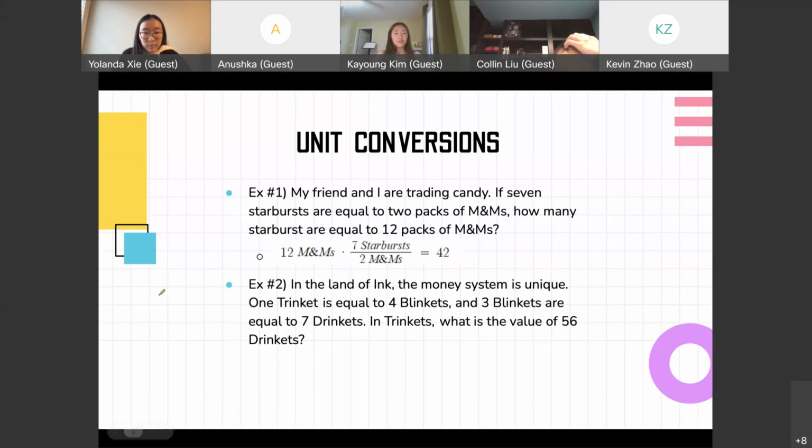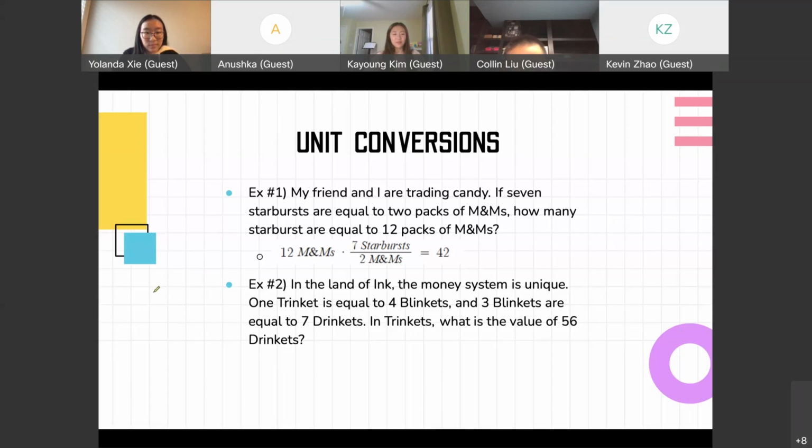This might seem really overwhelming, but in order to do this, we're first just going to turn this into different ratios that we can use. The second sentence, the first part says that 1 trinket is equal to 4 blinkets. So you could write 1t for trinkets over 4, or equals, it doesn't really matter, 4 blinkets.